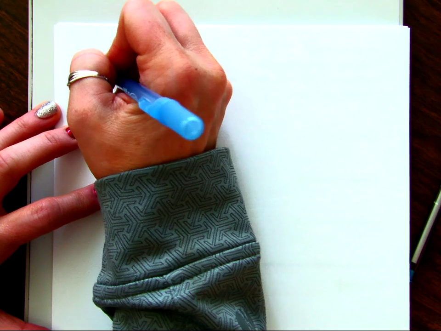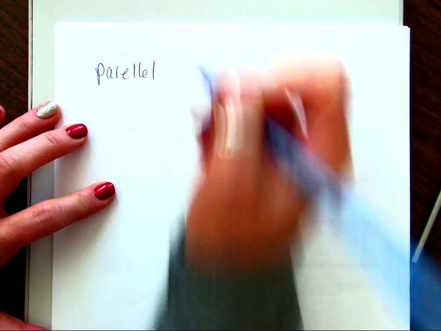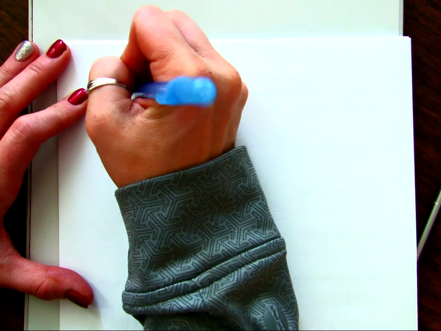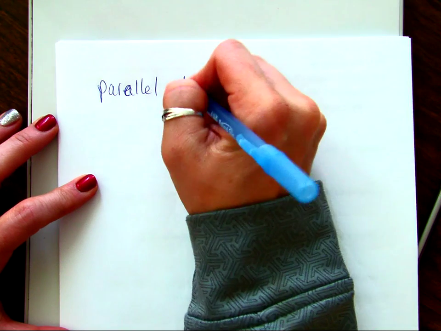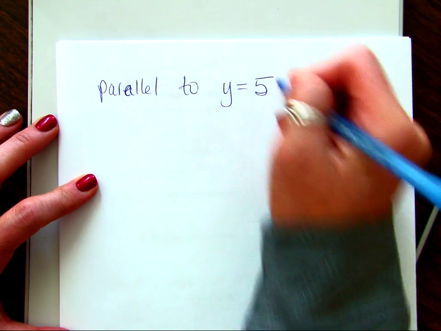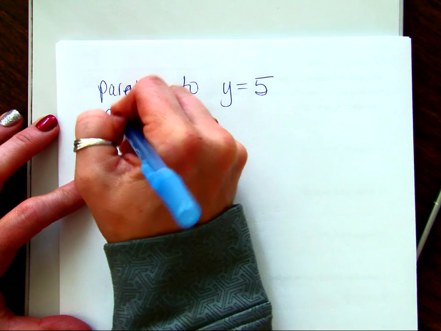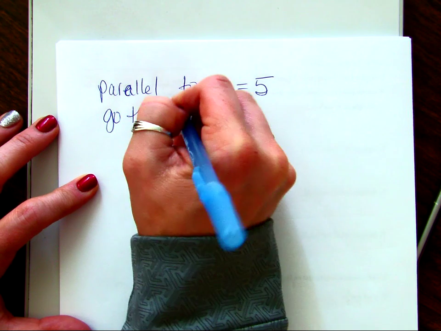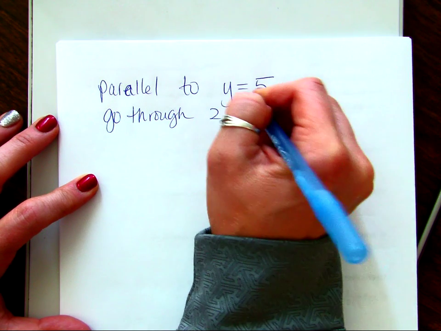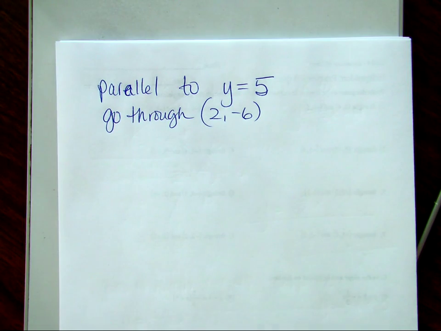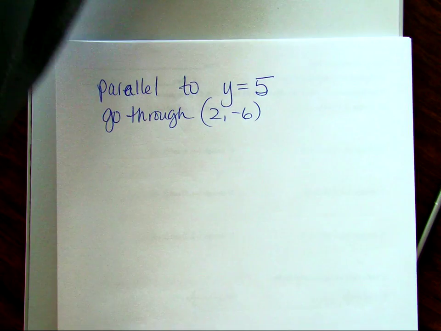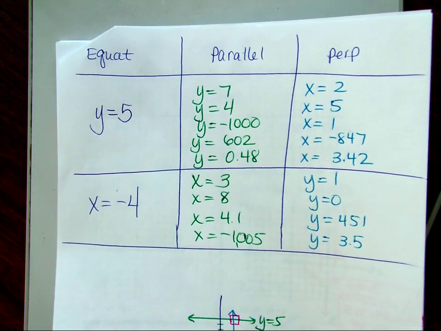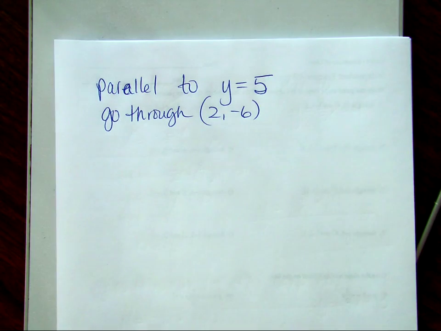So if I were to say, I want you to write the equation of a line parallel to y equals 5, and I need it to go through the point (2, negative 6). All right. Zero work. If you understood this, you should be able to go boom, write an answer, and move on. Yet these are the easiest ones, but they're the hardest ones that people get wrong.